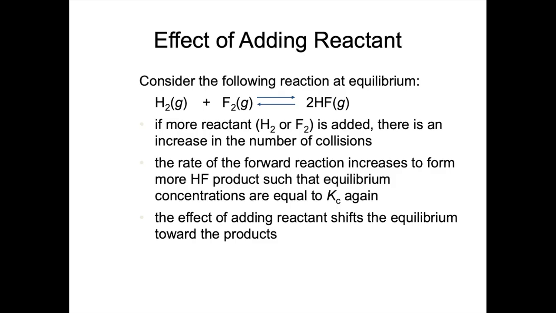It'll use up some of the other reactant as well, but the bottom line is that your equilibrium will shift towards the product side and make more products because that forward reaction speeds up. Once the concentrations get back into the same ratio that they were before, you've returned to equilibrium. Your Kc value stays the same again. So that's basically how Le Chatelier's principle will treat this change to the system.